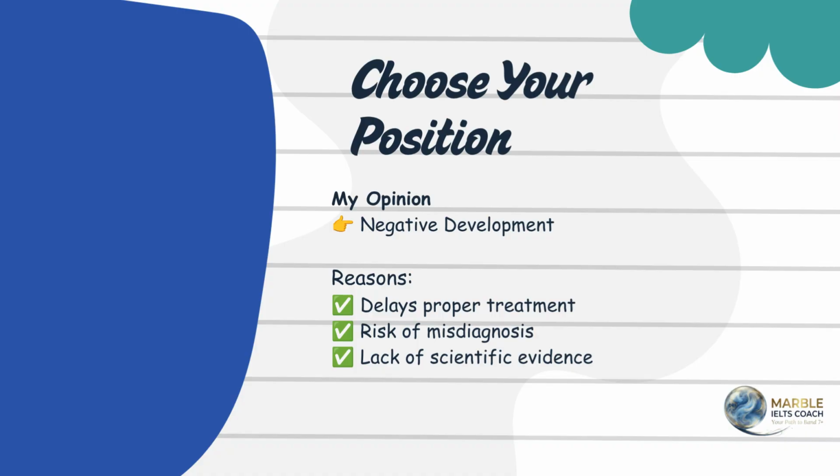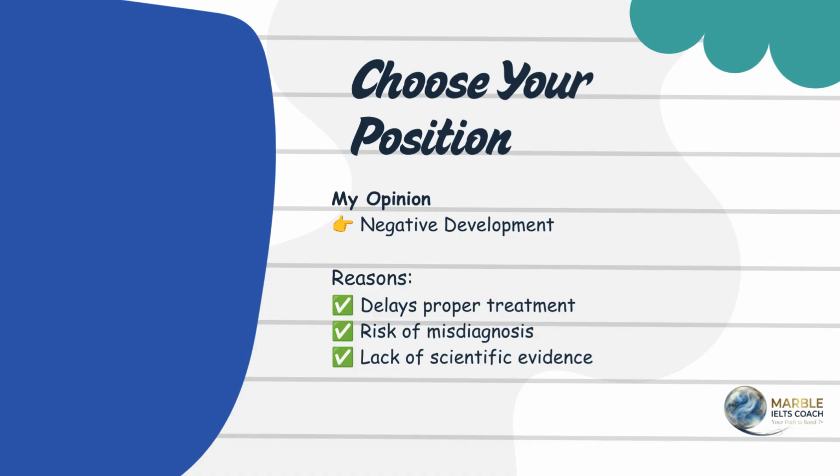To come up with these ideas, I use the method of PEST: P for people, E for economy, S for social, and T for technology. So ask yourself, how does this affect people? How does it affect the economy? How does it affect the society? And how does it affect technology? Then you'll come up with several answers and ideas that you can use in your essay.